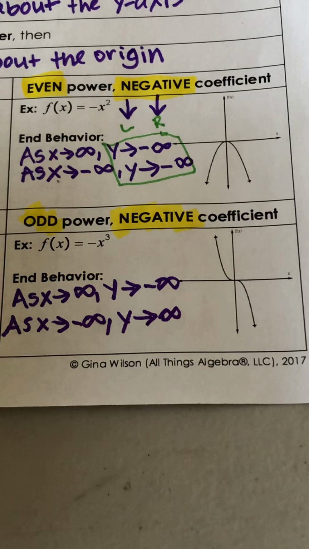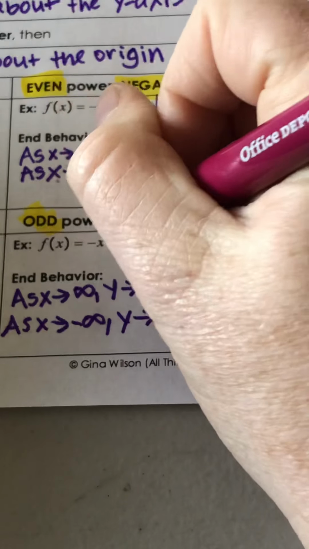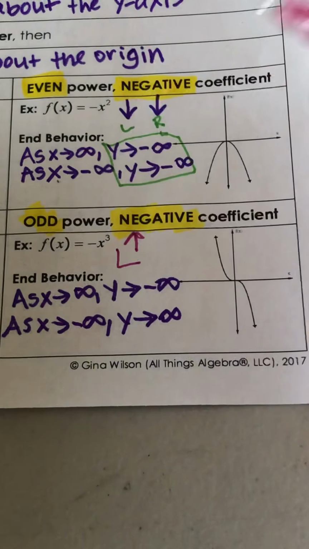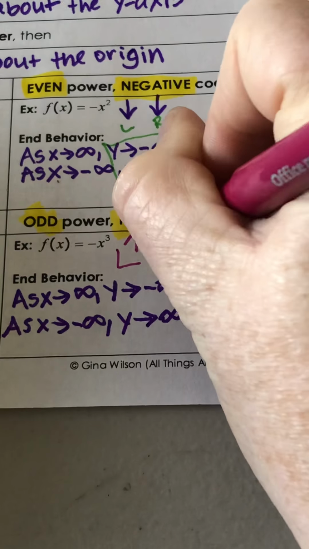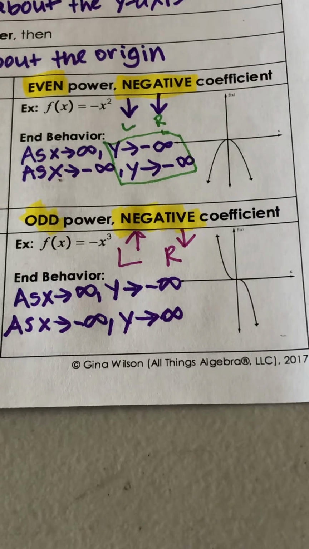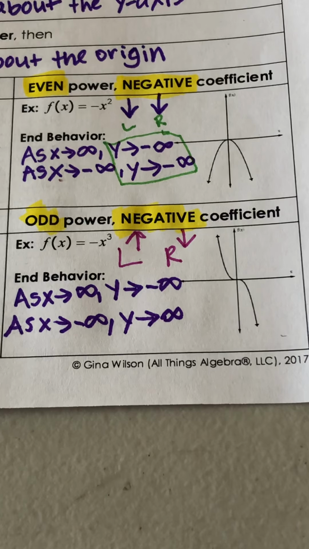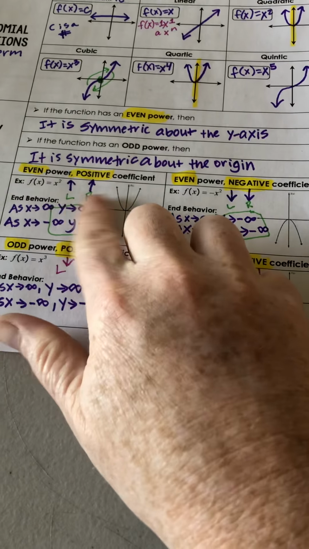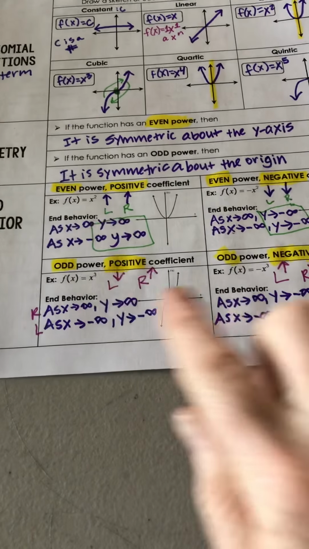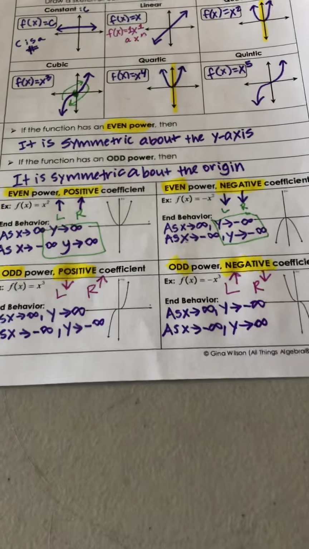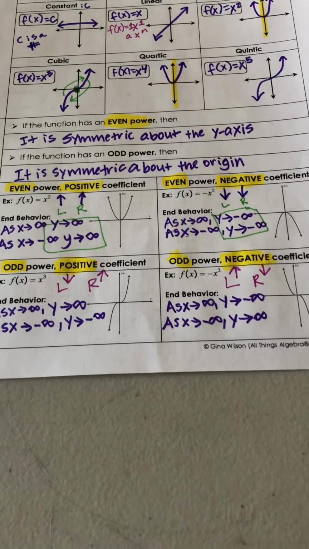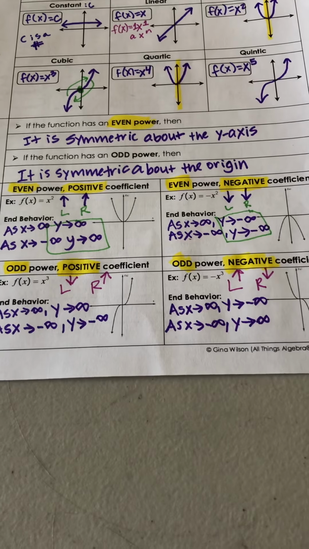So in other words, the left side should be pointing up now, and the right side should be pointing down, okay? So again, anything even, you're gonna have the same end behavior on either side. Anything odd, it's gonna be opposite, okay? All right, that's enough for the first page.